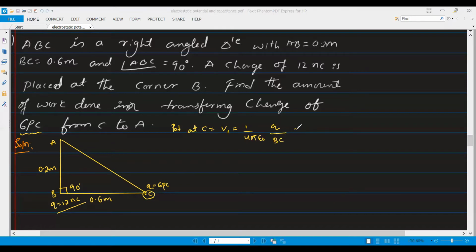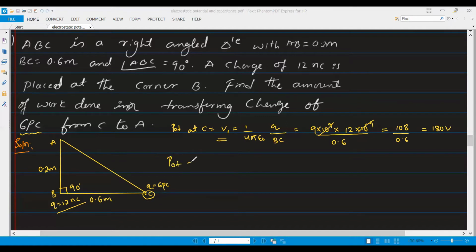So this can also be written as 9 into 10 to the power of 9 into Q, which is 12 nanocoulomb, 12 into 10 to the power of minus 9, divided by BC, which is the distance they have given, 0.6 meter. If you solve this, 10 to the power of minus 9 and 10 to the power of plus 9 cancel. 12 nines are 108 divided by 0.6. If you divide this, it is going to be 180 volt. So potential at C, that is V1, is about 180 volt.